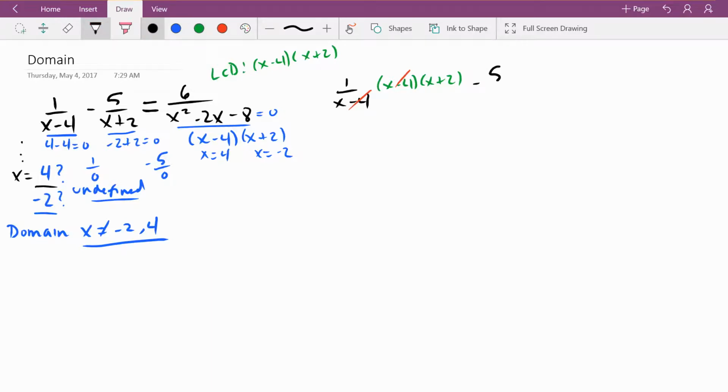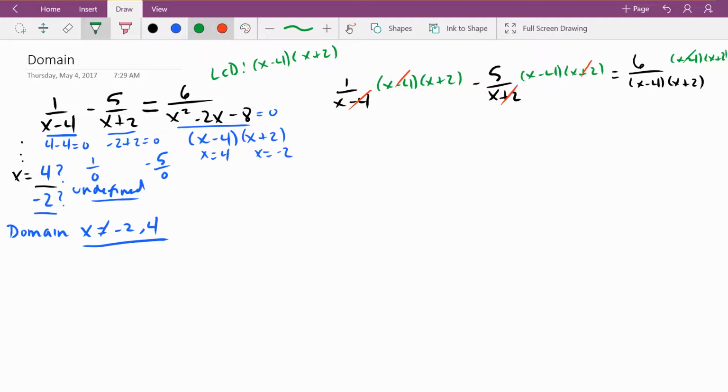Minus 5 over x plus 2. Again, multiplying by that same stuff, x minus 4, x plus 2. These x plus 2's would cancel. Equals 6 over, I'm going to write the factored form, x minus 4, x plus 2. About out of room, but I know if I multiplied by this LCD, everything cancels.